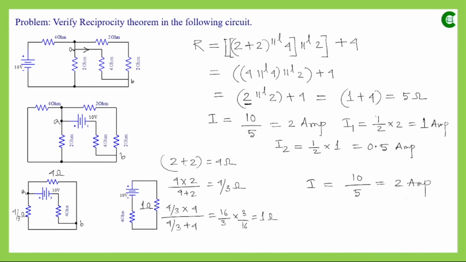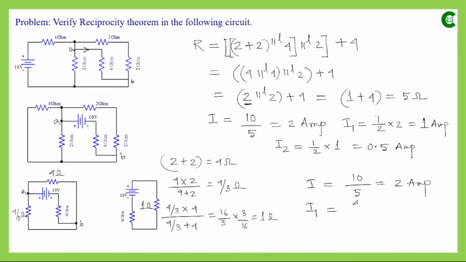Now this 1 ohm resistance is the equivalent resistance value of these two resistors. So through this 4 by 3 ohm, which came from this 4 ohm and this 2 ohm parallel connection, the current which will be flowing, this time the resistances are not having equal values.